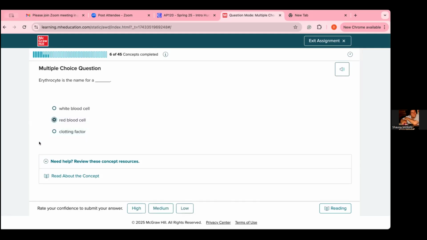The white ones are leukocytes. We haven't read too much about those yet. The white ones are for immune function. The red ones are for oxygen transport because the red ones have hemoglobin. So yeah, erythrocytes are red blood cells. Okay.